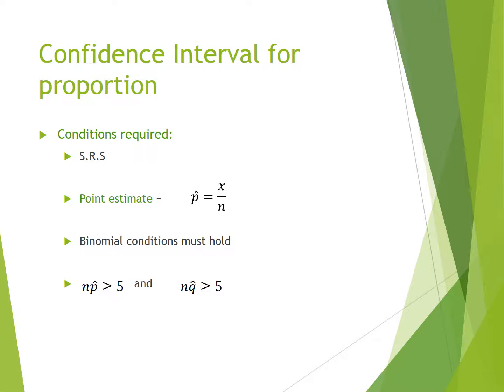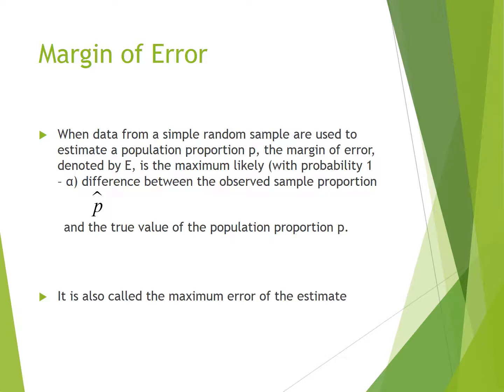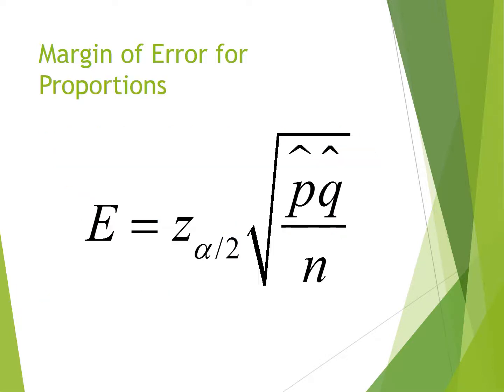But your book discusses the normal approximation, so I wanted to discuss it with you. Is that error that it's plus or minus that point estimate. So for p hat, it's called the maximum error of the estimate, and it is equal to that critical value times the square root of p hat, the proportion of sample yeses, times q hat, which is the proportion of sample no's, divided by the sample size, square rooted.